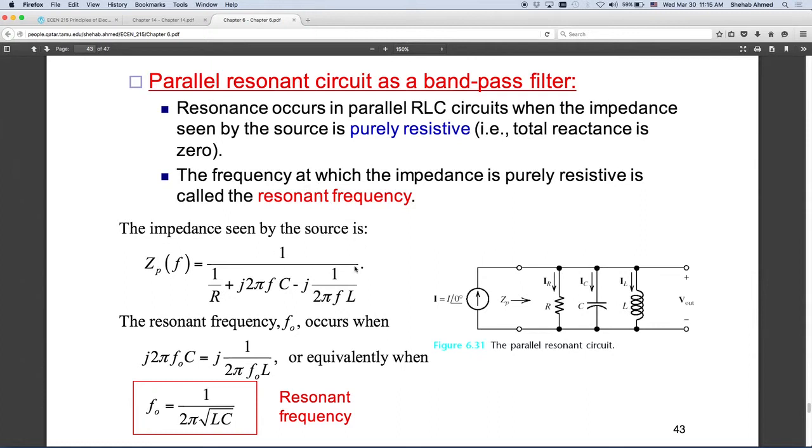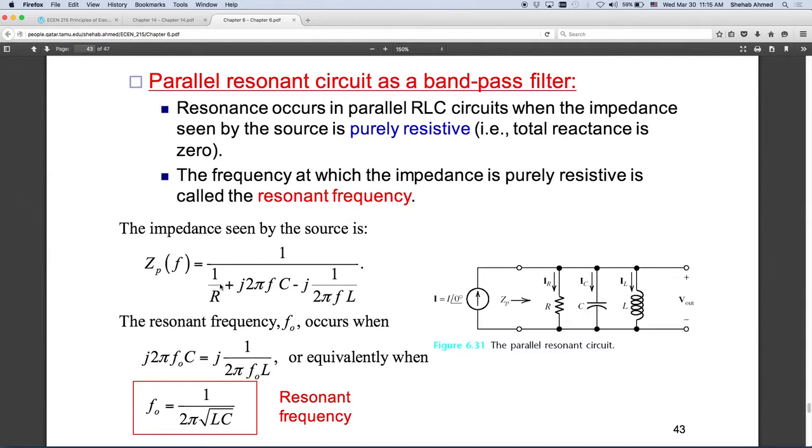And what is this total current equal to? If this was a voltage, it would be the voltage divided by the total impedance, and I can use the current divider rule. But what is the total impedance? These are three components in parallel. So how do you add impedances in parallel? 1 over Z equivalent is equal to 1 over Z1 plus 1 over Z2 plus 1 over Z3.